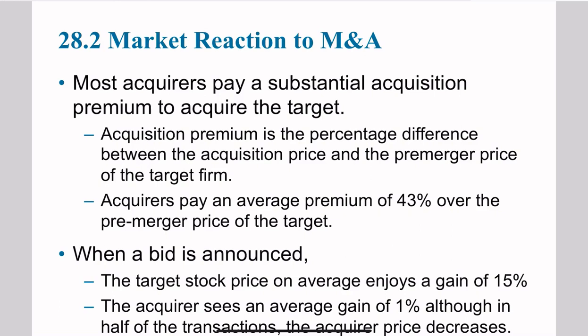For example, if the target firm's stock price was $100, and the acquiring firm decides to acquire the target at a per share price of $150, then the acquisition premium is 50%. Based on the data, acquirers generally pay an average of 43% premium. This is a very large premium, because it's 43% higher.